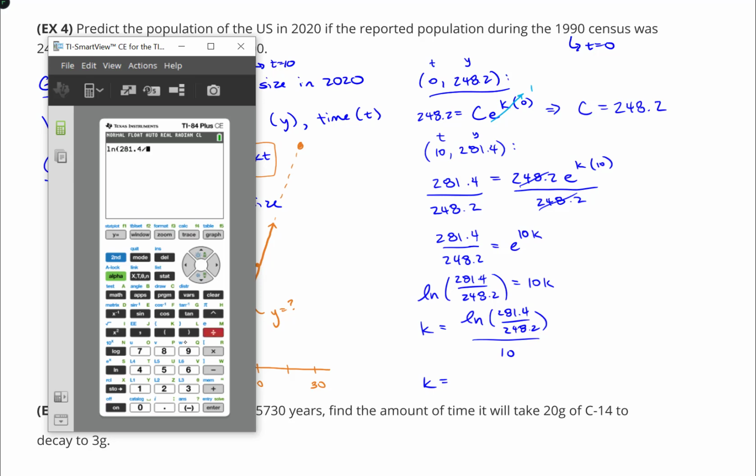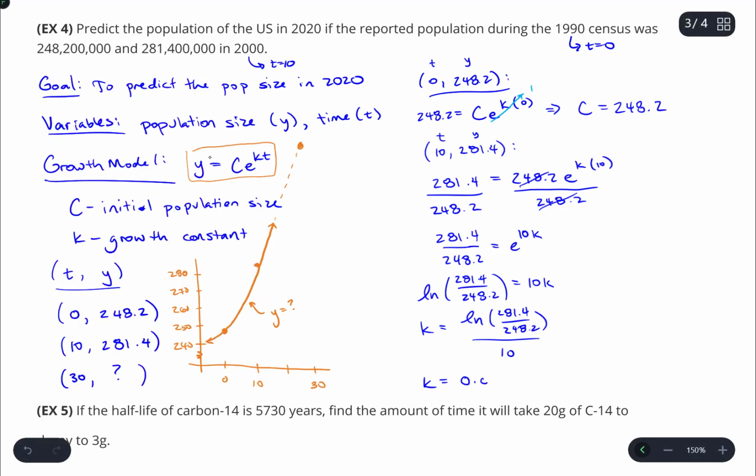Then inside this parentheses, divide by 248.2. Then close your parentheses, because that's the end of the logarithm part. Then we have to divide by 10. All right, so 0.01255. Okay, so that figures out the growth constant.